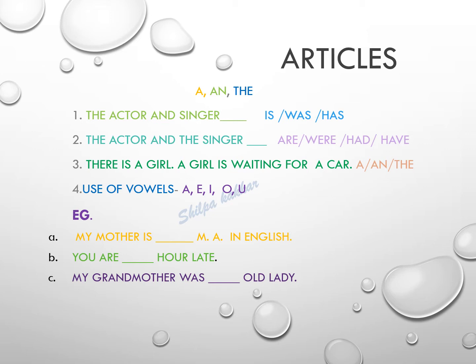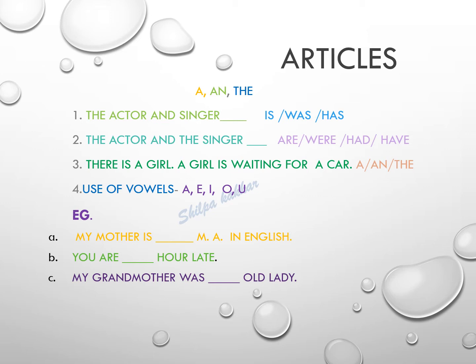Let us see the second example. Here, I have taken the example like the actor and the singer. Here we are talking about two different people. The person who is actor is not the singer and the singer is not the actor.